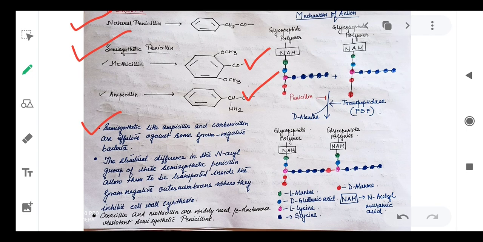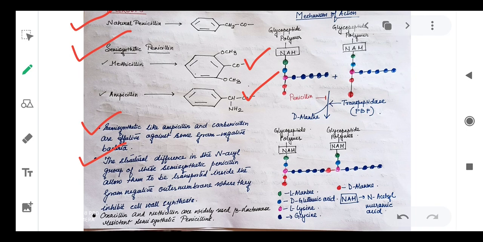Penicillin G was not effective against gram-negative bacteria as it was impermeable to the gram-negative bacterial outer membrane. The structural difference is in the N-acyl group, this particular group which I am talking about.